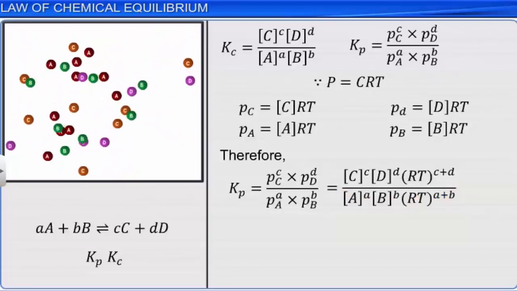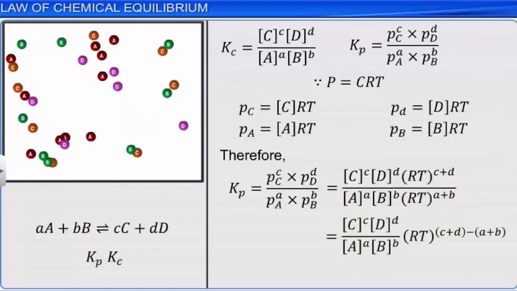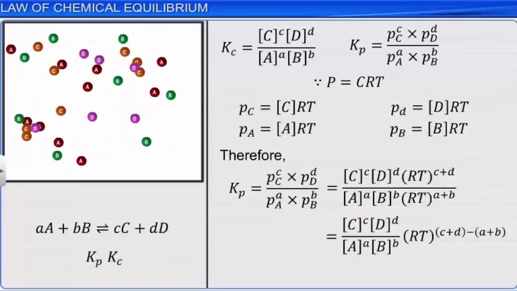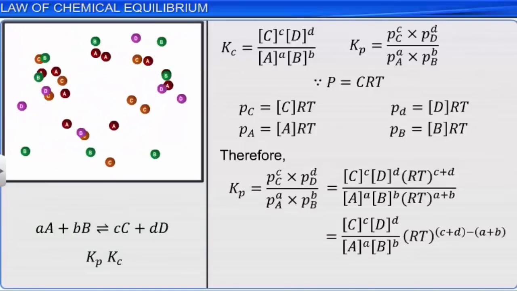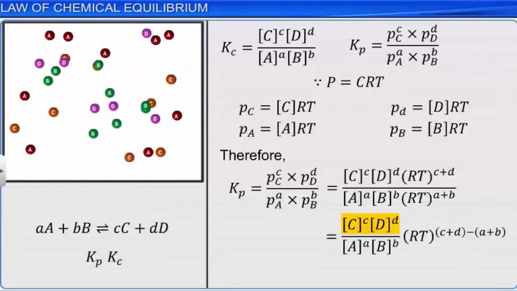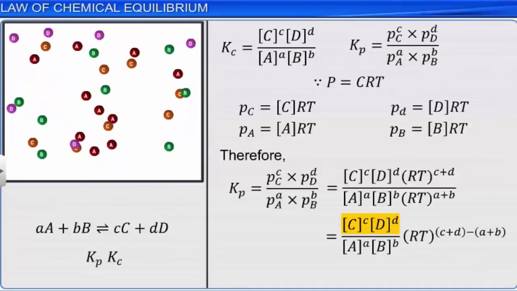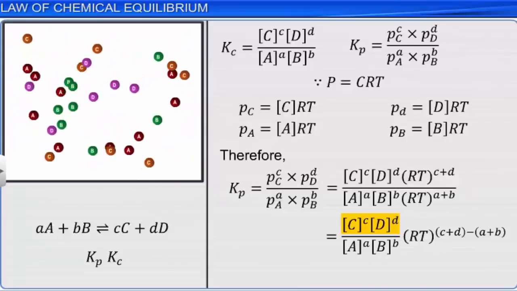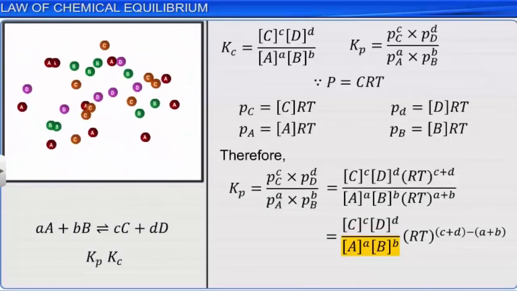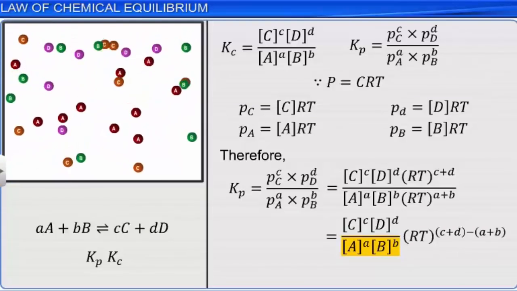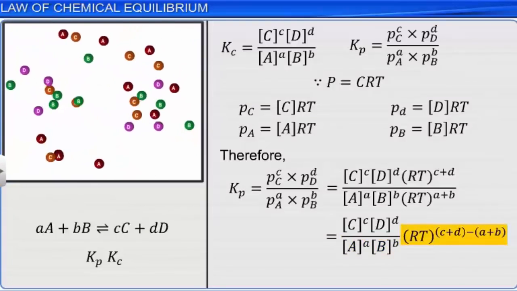This can be written as the product of the concentration of the products C raised to the power of c and D raised to the power of d divided by the product of the concentration of A raised to the power of a and B raised to the power of b multiplied by the product of R and T raised to the power of the sum of c and d minus the sum of a and b.